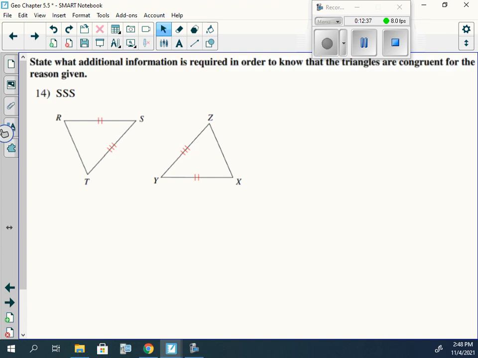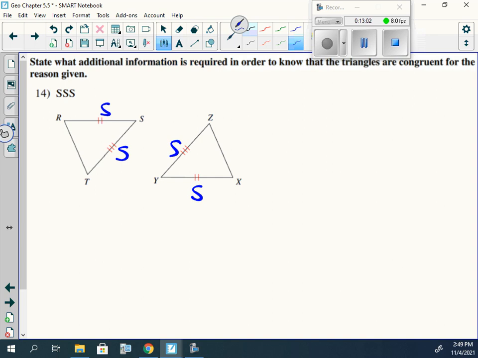Let's look at the last part. State what additional information is needed to be able to say that these two triangles are congruent by side, side, side. Because we need three sets of sides. Well, we already have that these sides are congruent. So we're missing a side, yes?